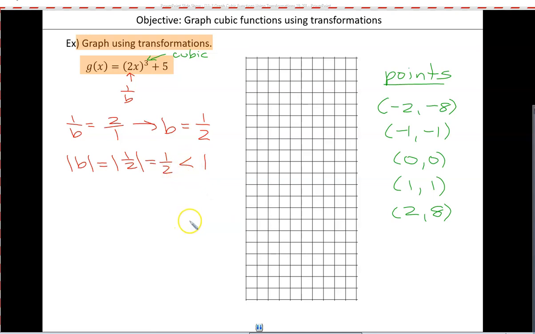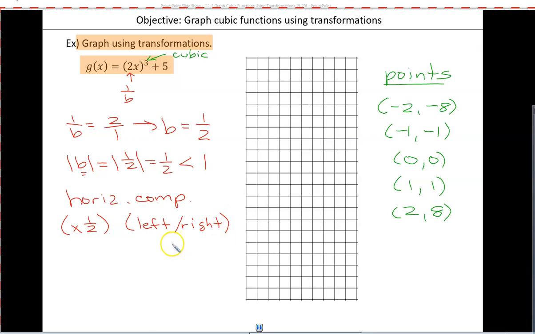So we know that any time our factor is less than 1, we have a compression. We've learned with our b parameter that the type of compression is horizontal. So we have a horizontal compression. Our factor for that compression, what we're going to multiply by, is 1/2. And remember, being horizontal, the distances it compresses are the distances on the left and right of the y-axis.